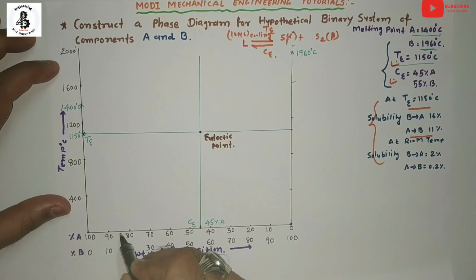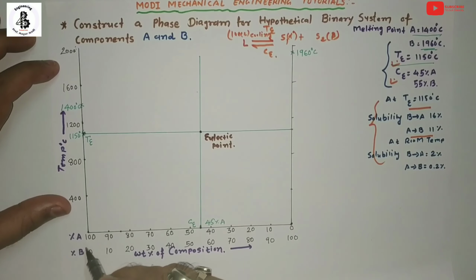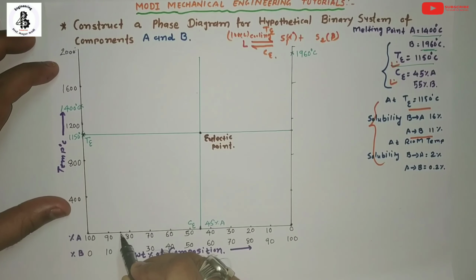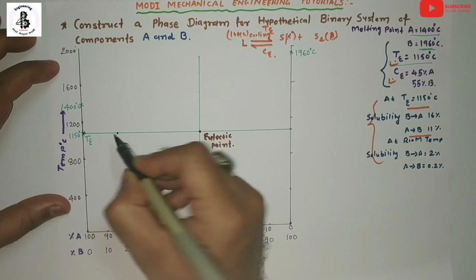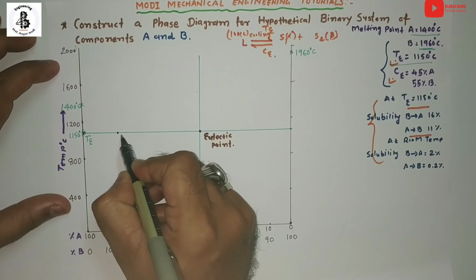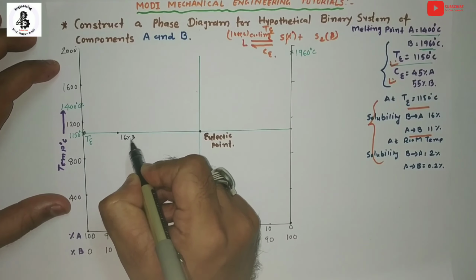So you can make one point, representing 16% of B.